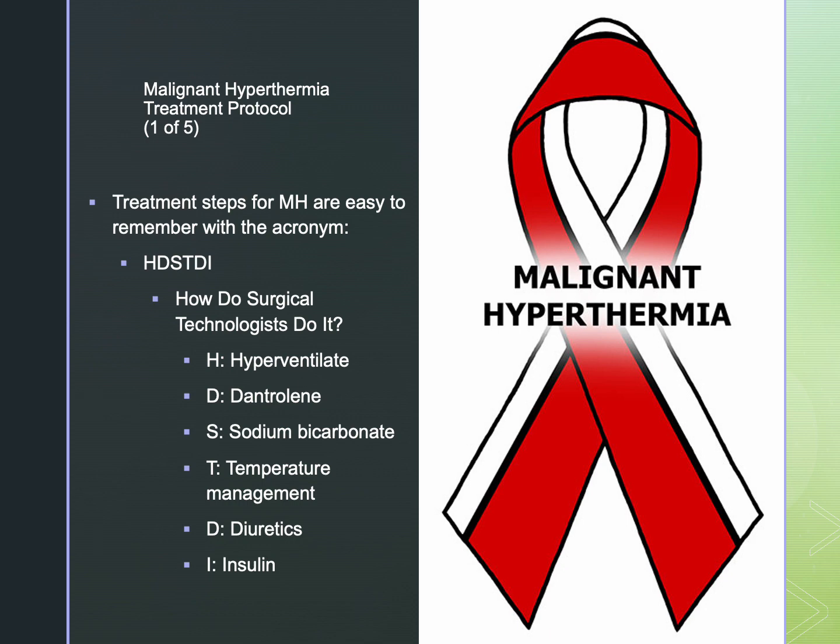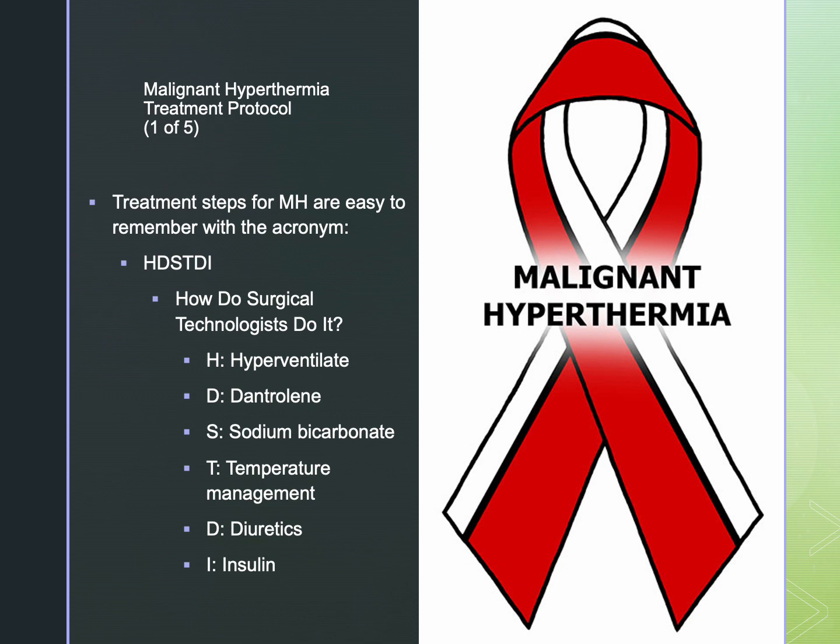Dantrolene is the medication that was developed specifically to treat malignant hyperthermia. And it needs to be reconstituted with IV saline, and then it's administered IV to relax skeletal muscle. In 2014, the FDA, the Food and Drug Administration, approved a new formulation of dantrolene, and that's called Ryanodex.